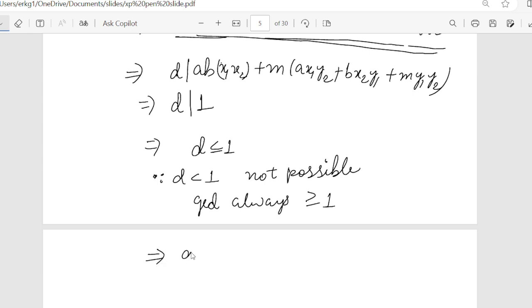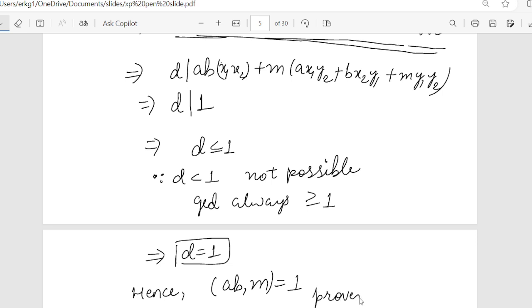This implies d is equal to 1. Hence, GCD of ab and m is equal to 1. Hence proved.